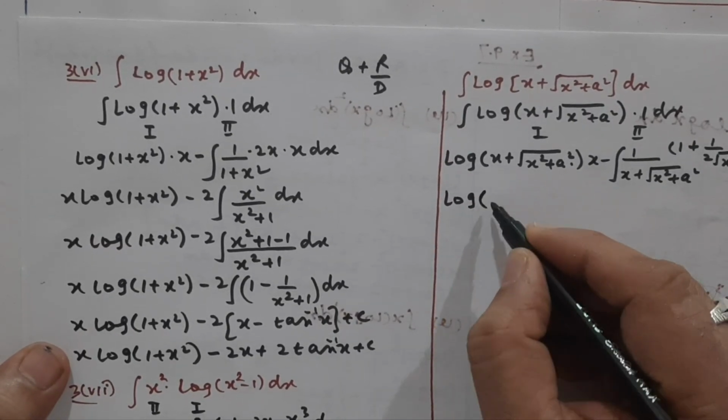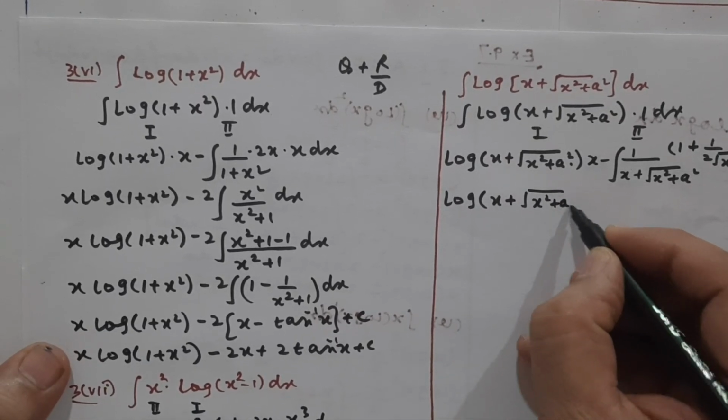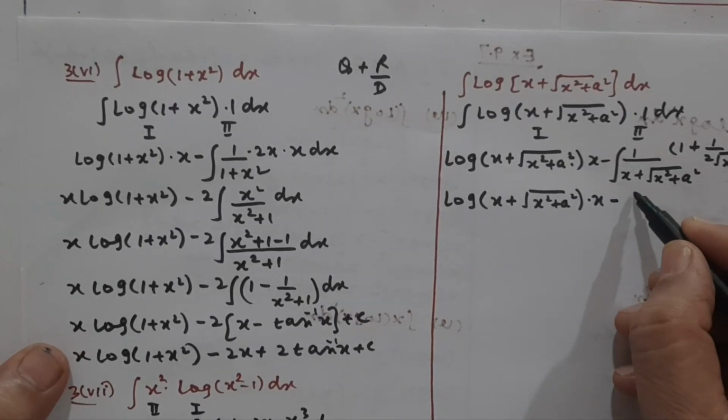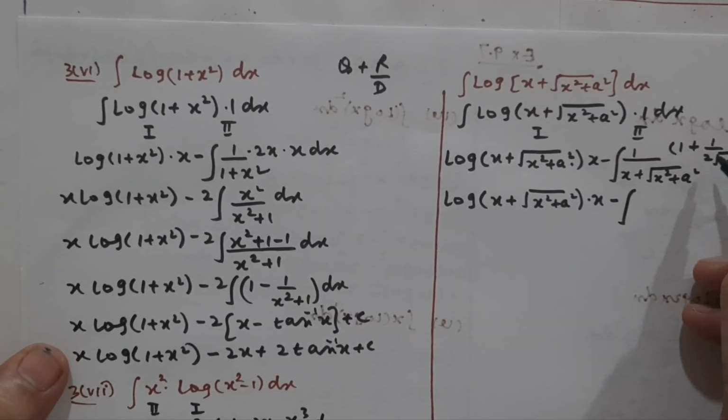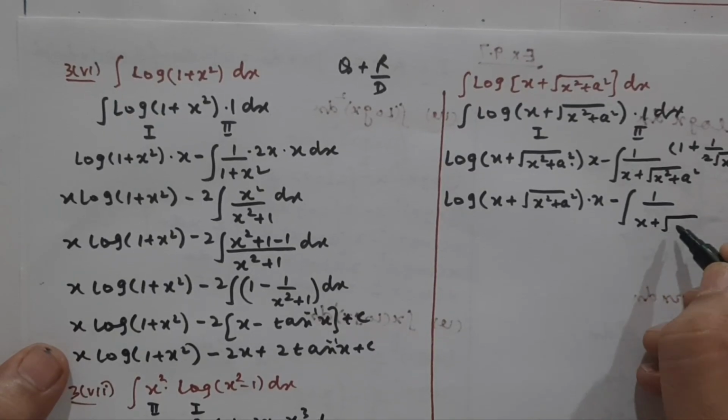So log of x plus under root x square plus a square into x minus. Now simplifying it, cancelling 2 with 2. So what we get, x plus under root x square plus a square.